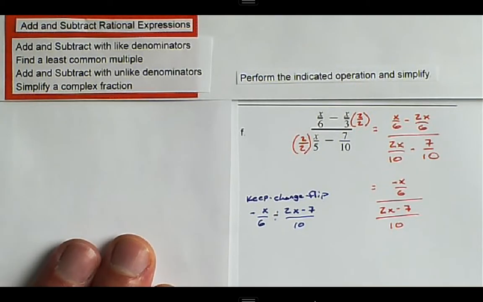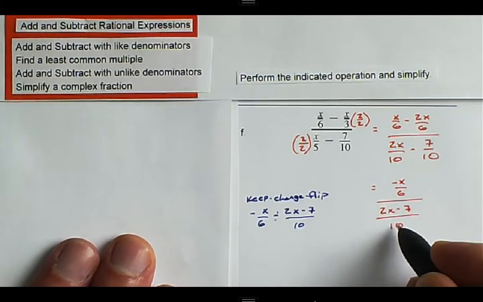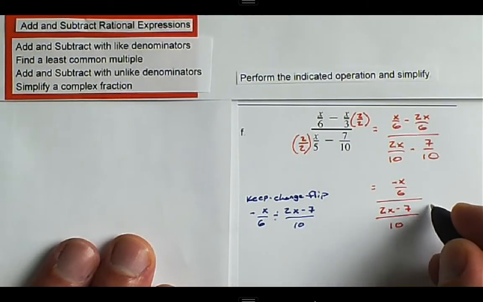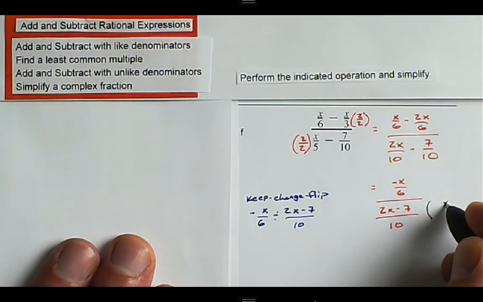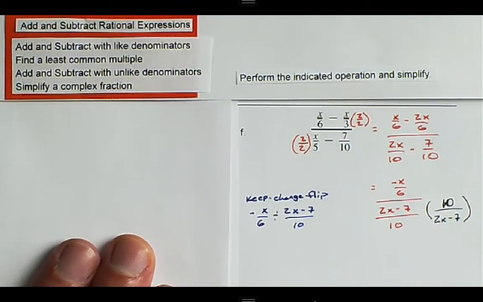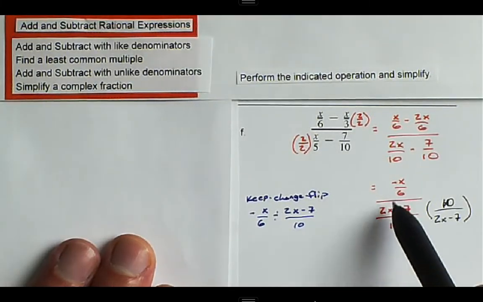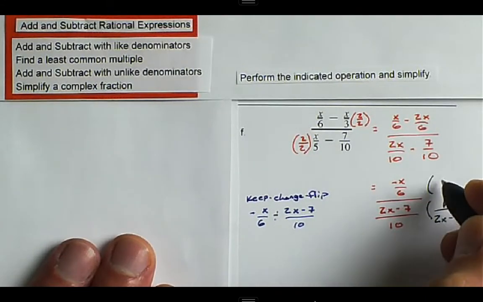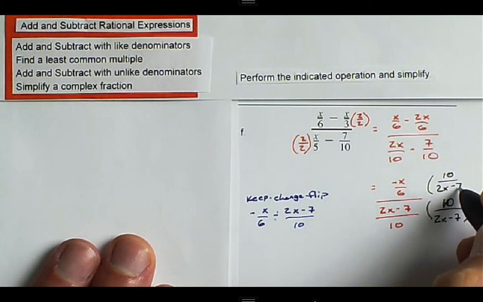The reason that this will work is we're going to get rid of this by multiplying by the reciprocal. So that's a 10, not an x, 10 over 2x minus 7. And in order to not change the value of this complex fraction, we're going to have to multiply by the same thing, 10 over 2x minus 7.